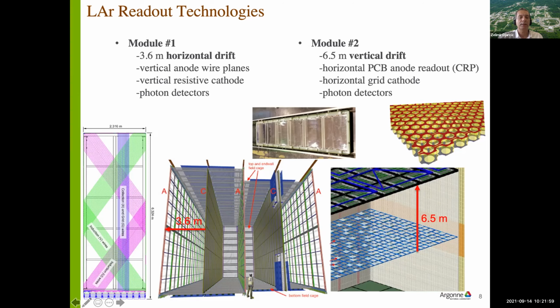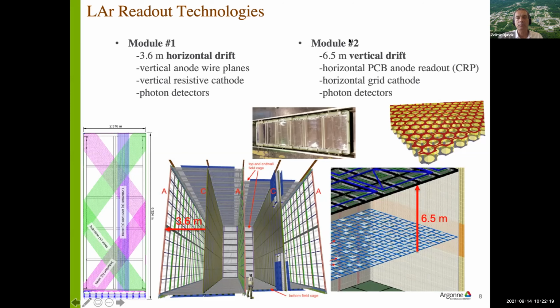The charge will be collected by charge collection wires, and then also within the anode there will be arrays of so-called X-ARAPUCA photon detector modules. Elena described this in great detail in her talk this morning.